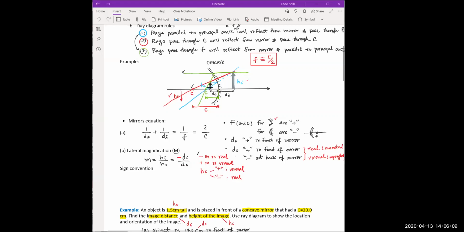Your object is at 6, which is in front of the F. So your image should be somewhere on the back of the mirror. If you make the diagram, it will be very similar to this. This distance will be longer than the distance of the object. I believe the answer for that is -15, which is the DI.